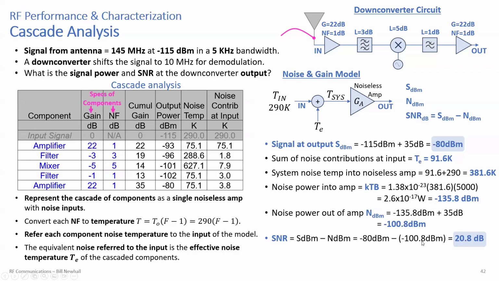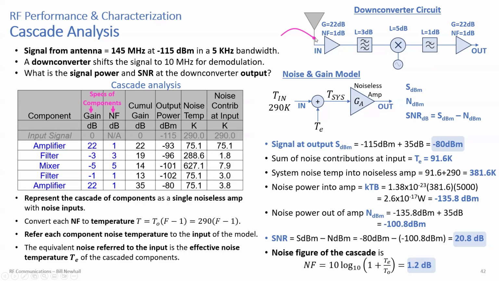And then we can calculate the noise figure of the cascade by doing this. Use the noise temperature that we calculated, the equivalent noise temperature, and convert that into the noise figure. Okay, so this whole circuit has a gain of, where was it, 35 dB.